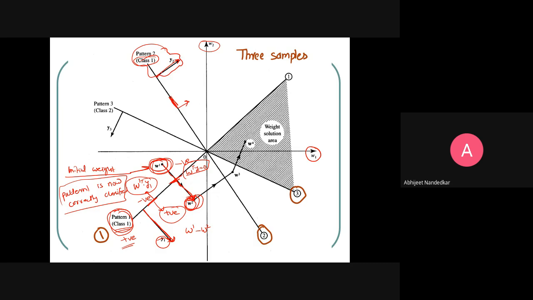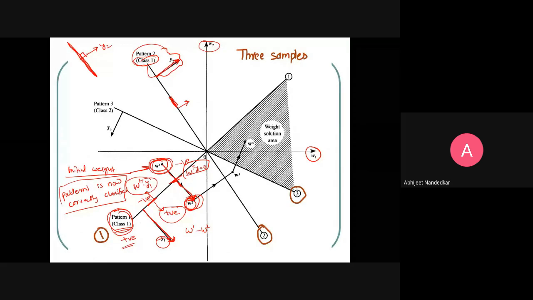So this was given to me, y2 is given to me. Suppose I draw here, y2 is given to me. Draw a perpendicular line. So that becomes my decision boundary. So why it is like that, we have seen in previous classes. You can read the books or you can just go through those videos again. You will see that whenever I present a pattern like this, a perpendicular line to that will give you W transpose y2 equal to 0 line.